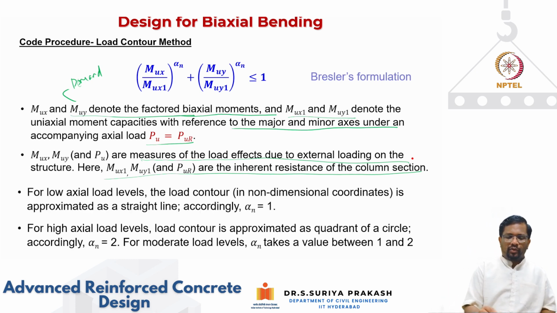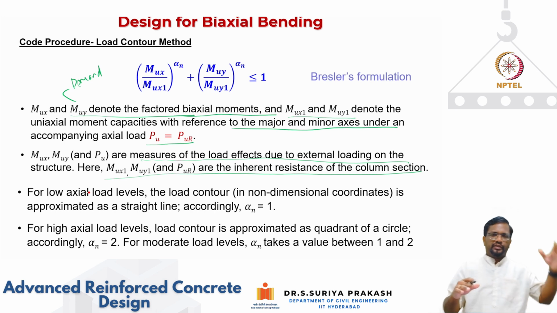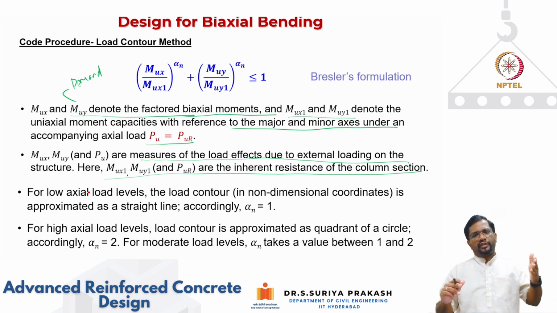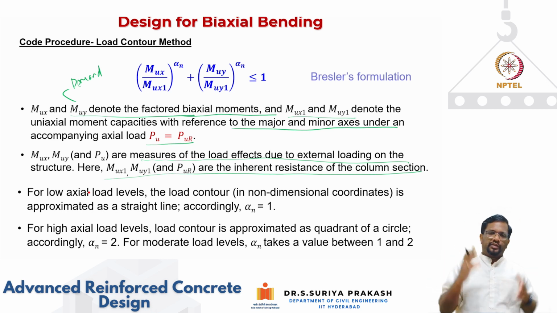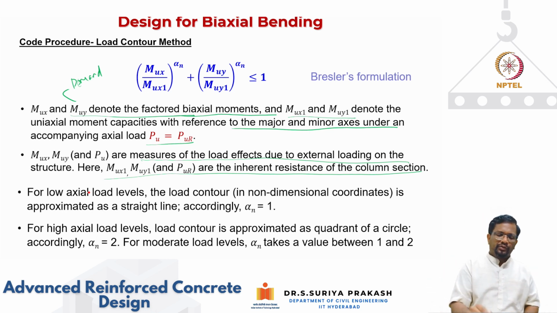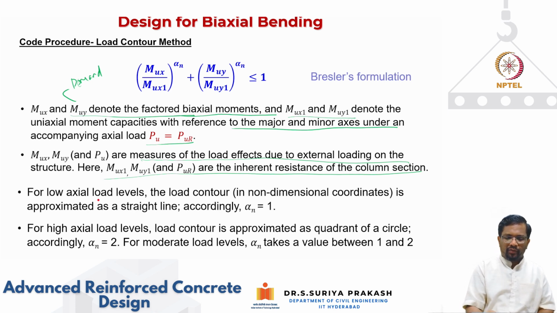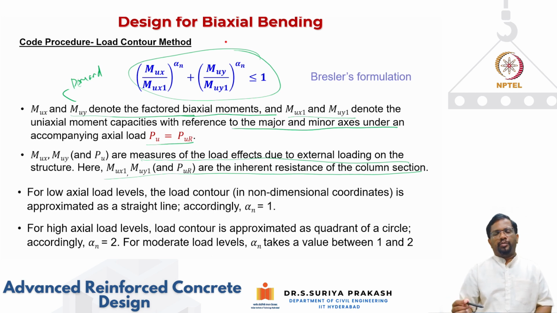Now we see that for low axial loads, people are using the strain compatibility approach, again by fixing XU and fixing an angle of XU. You can find one point like that, generate a family of points, and develop that surface. Now, using Bresler's formula, people have found that at low axial load levels, this interaction closely resembles the case where alpha n is equal to 1.